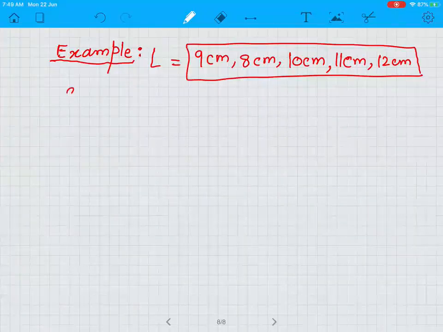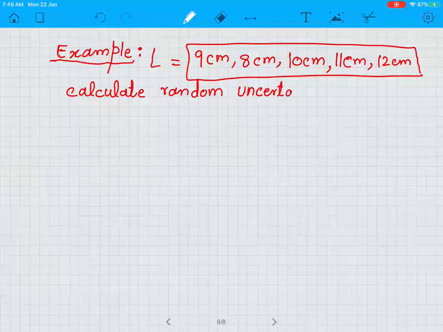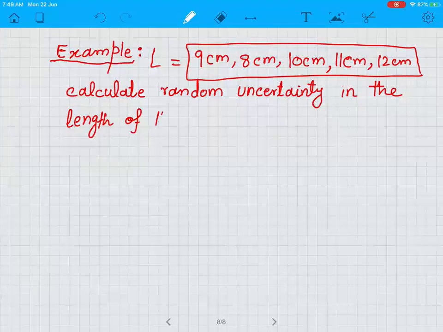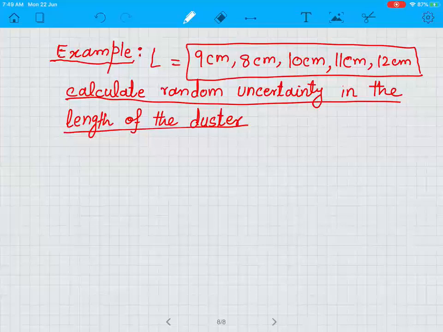The question is: calculate the random uncertainty in the length of the duster.